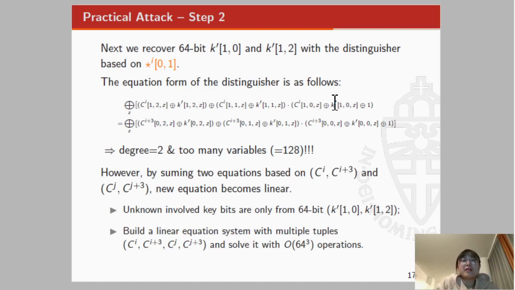Luckily, we can sum two equations based on two different output pairs to produce a new equation, and this new equation becomes linear. So we can solve this linear system by Gaussian elimination again.